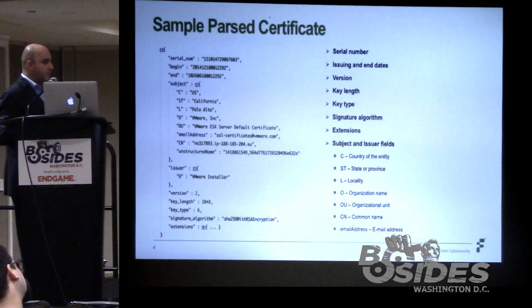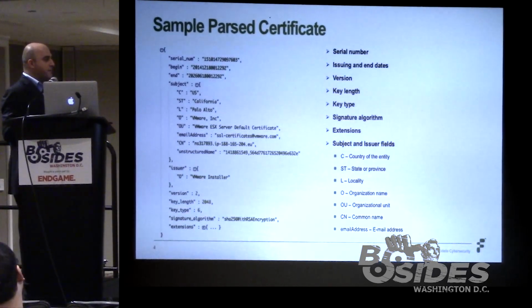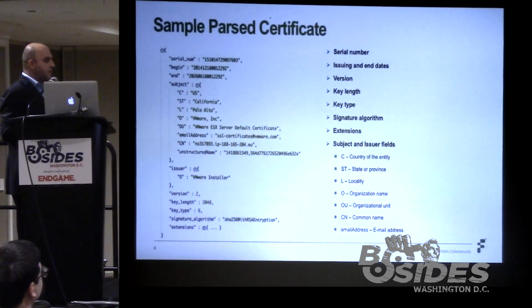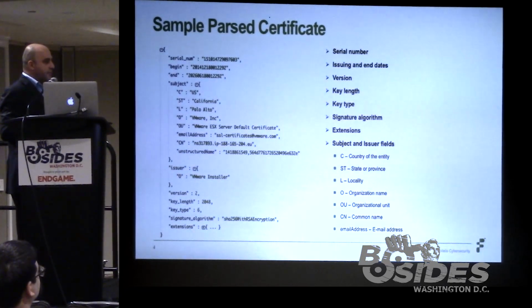It's not usually there. The issuer, in this case, we only have one field. It's organization. The key length, key type, the signature algorithm. In general, there can be more fields for the issuer, including all these fields. So far, it doesn't look very bad. Some names that don't look terrible.